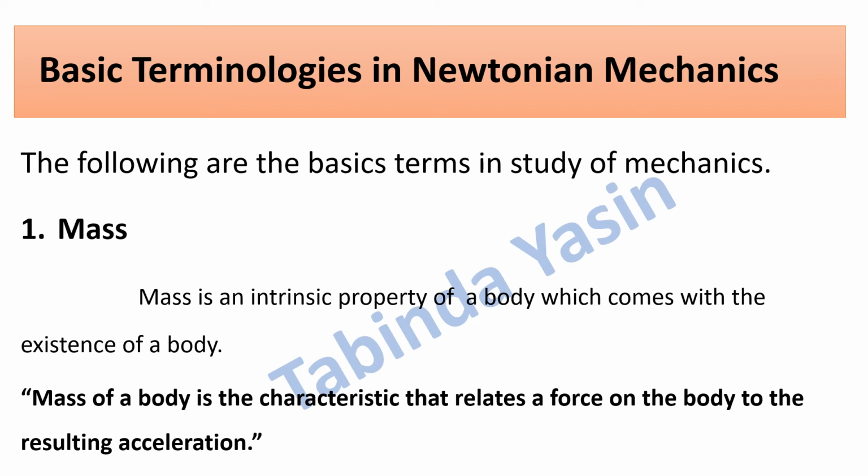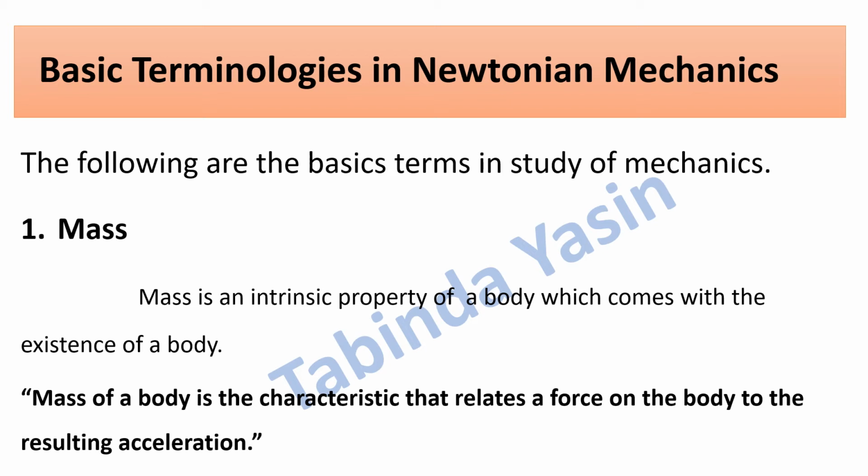We have studied that mass is the intrinsic property of a body which comes with the existence of a body. It means mass is a quantitative property of an object. Every material object has a mass. You can say any body that exists in our world has a mass.